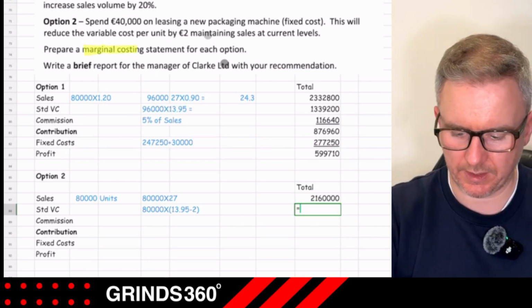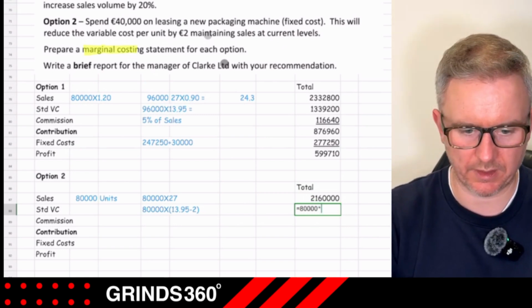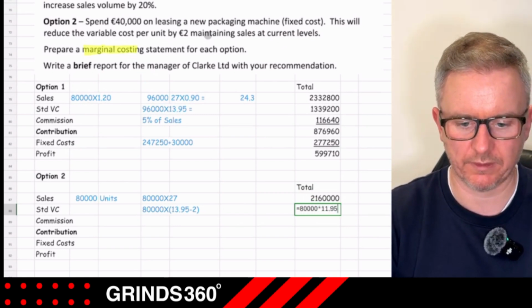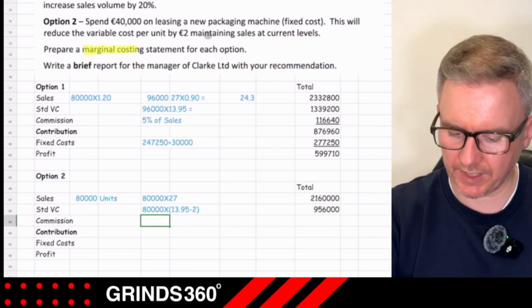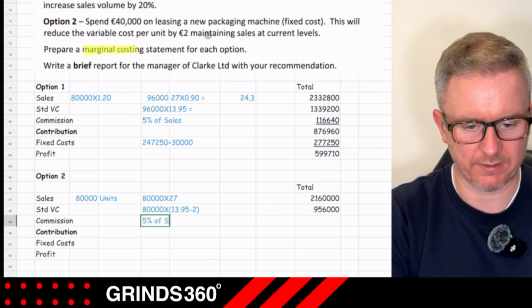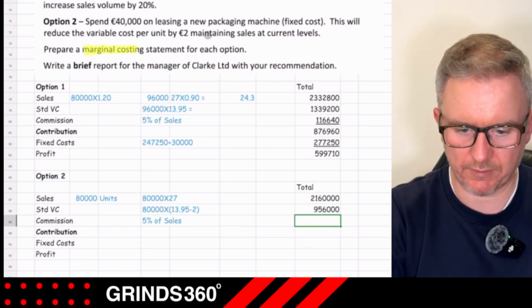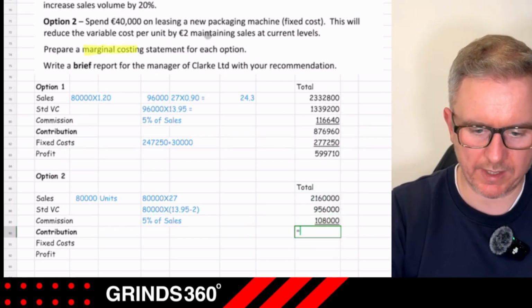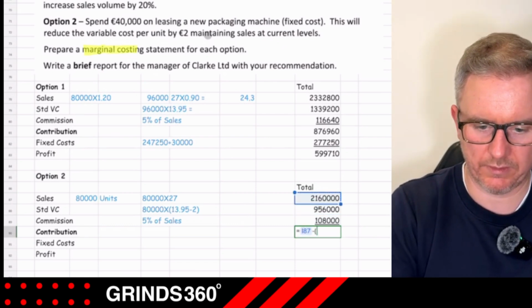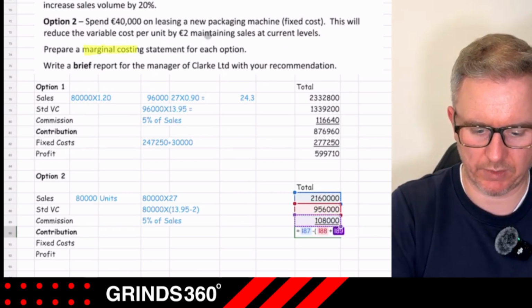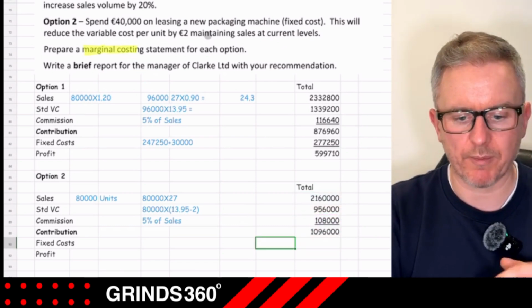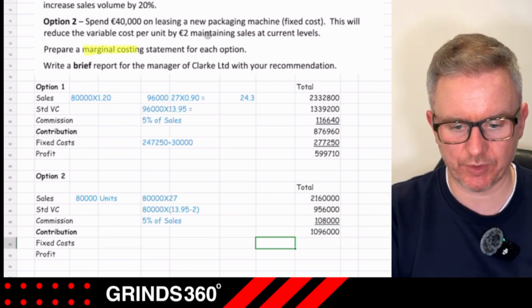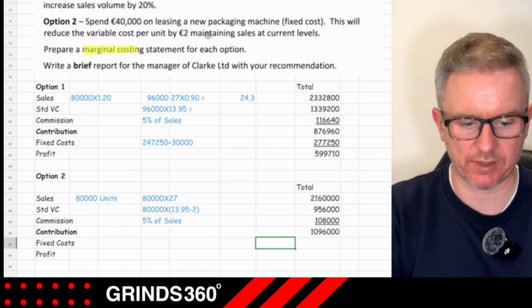So we're saying 80,000 times the 11.95, so 956,000. Your commission is still 5% of sales, it hasn't changed. So I take my sales figure and get 5%. Subtract my two variable costs, and that will give me my contribution. And remember, I had to show that contribution because it said marginal statement.